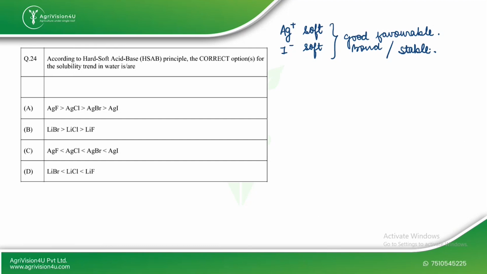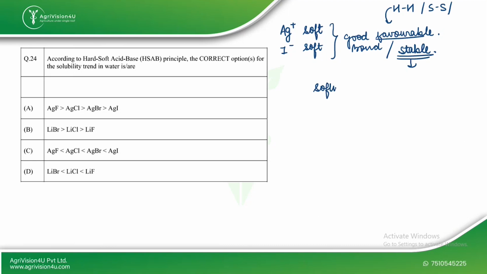And the bond formed here will be very stable. So when we talk about solubility, if the bond is very stable, hard-hard and soft-soft interactions are generally favorable. So if they are forming a stable bond, the stable bond basically means that the solubility of this AgI will be very low.